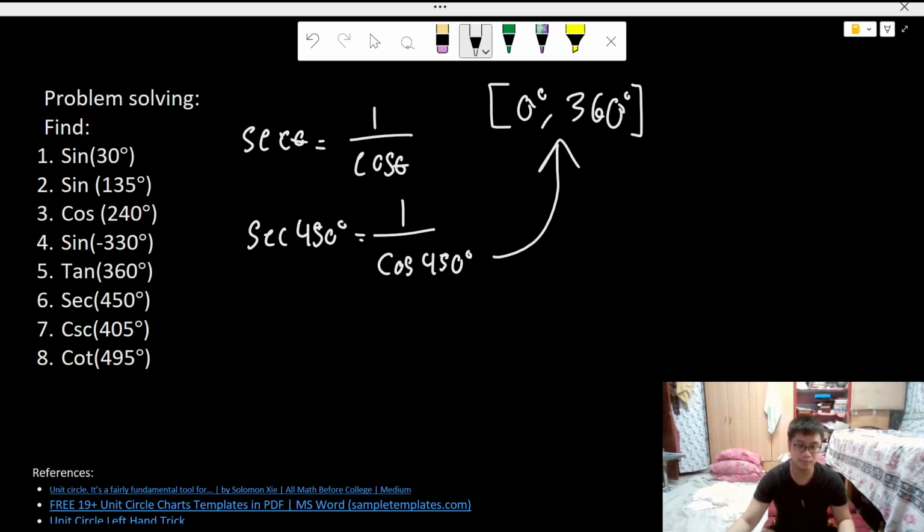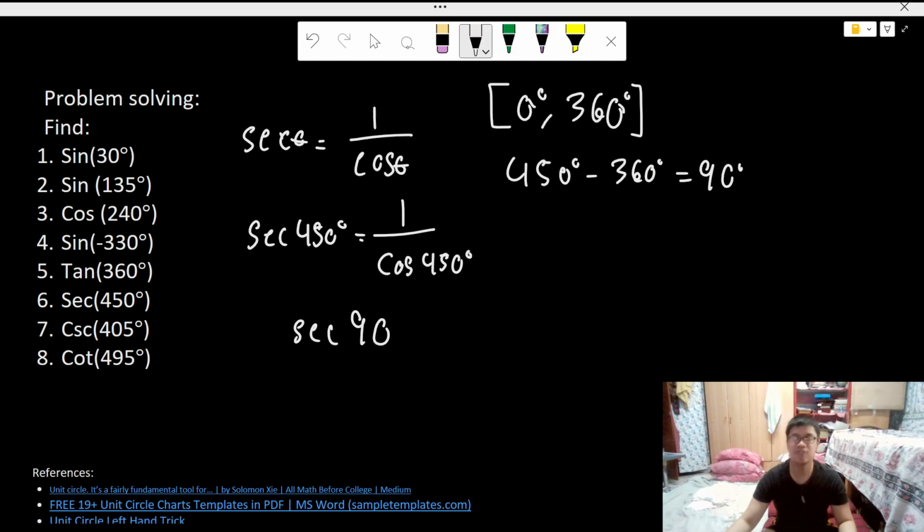Since 450 degrees is beyond this interval, we're going to subtract 360 degrees. 450 minus 360 is 90 degrees. So secant 450 degrees is just the same as secant of 90 degrees. Because we have secant of 90 degrees, we will have 1 all over cosine of 90 degrees.